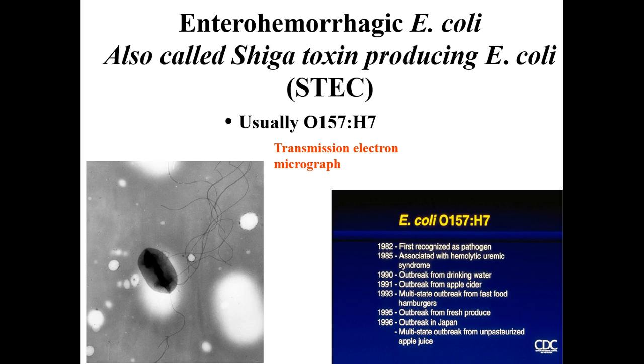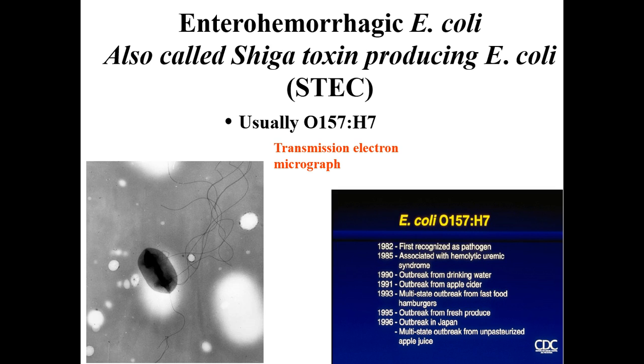It is prevalent mainly in industrialized countries, in contrast to other diarrheagenic Escherichia coli, which are common in developing regions. The infective dose is very low. Only a few organisms are required to initiate the infection.